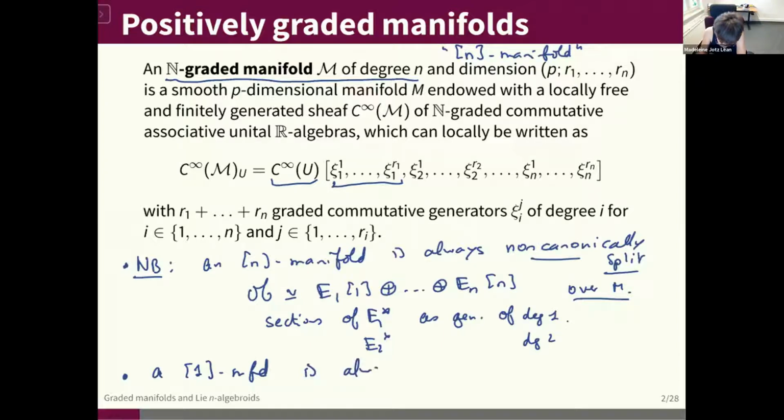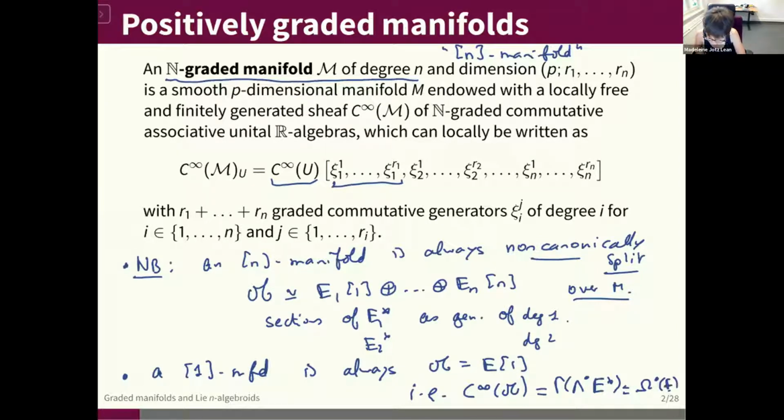So it's always M equals E[1], which means that the functions on M are just the sections of the exterior algebra of E with the obvious grading, which I'm going to call omega bullet of E. And this correspondence of 1-manifolds with vector bundles is really easy. If you start with a vector bundle, you're just going to take this exterior algebra and you'll have a graded manifold of degree 1.